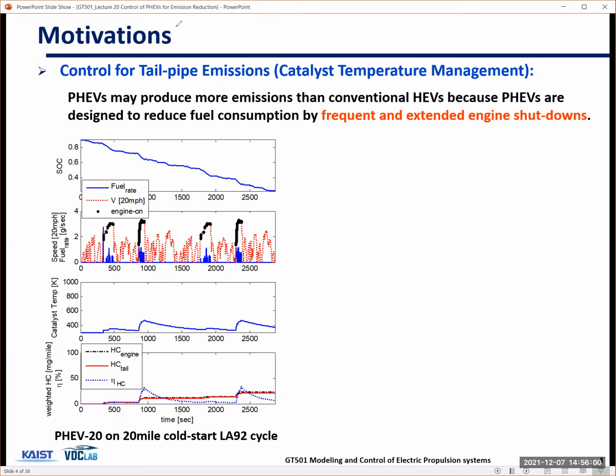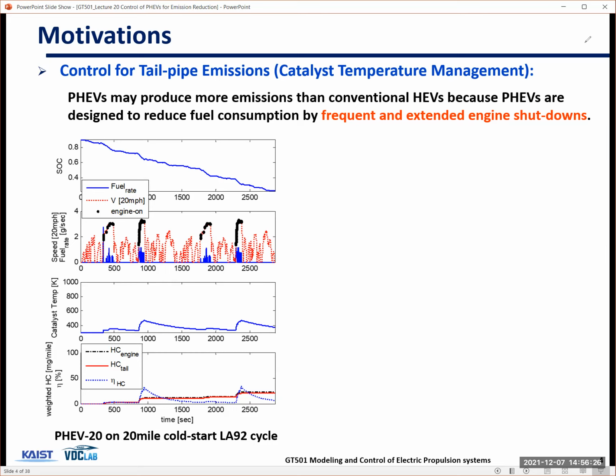And the problem we are facing is that when we electrify our powertrain, such as hybrids and plug-in hybrids, I mean, if you go to a pure battery EV then you don't have an engine, so you don't have to worry about these harmful emissions. But when you do have an engine, you do need to worry about these things.